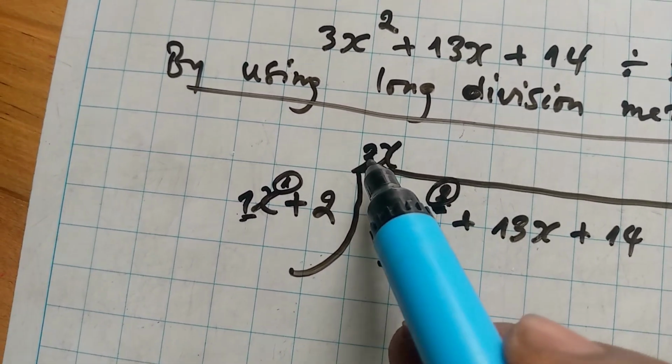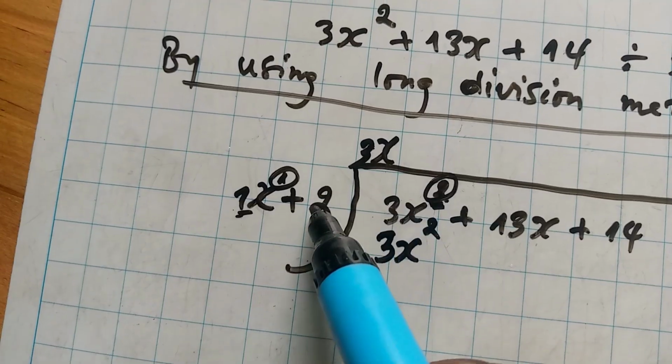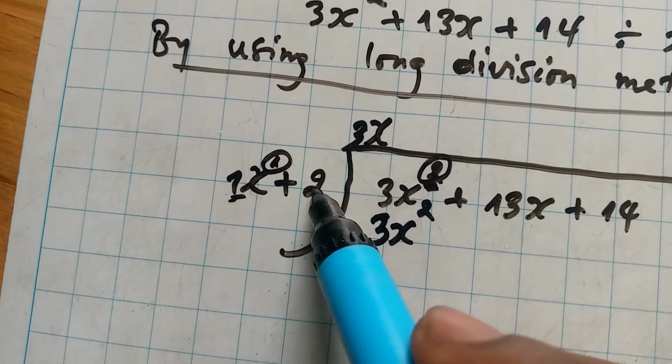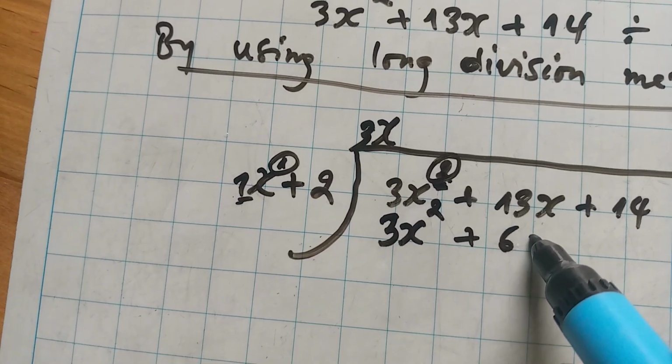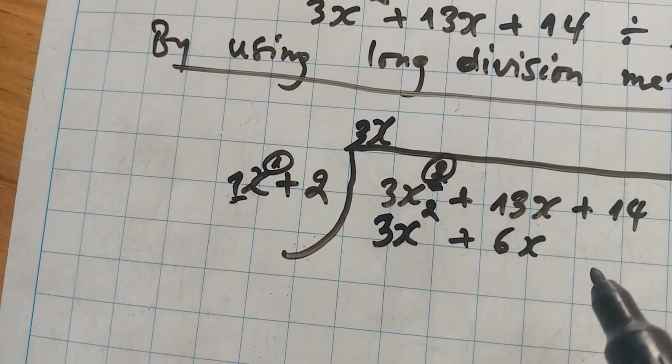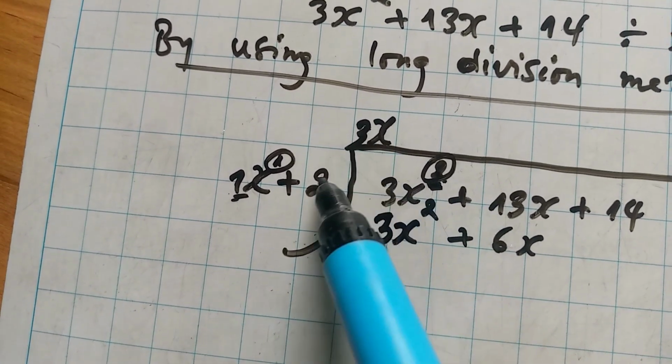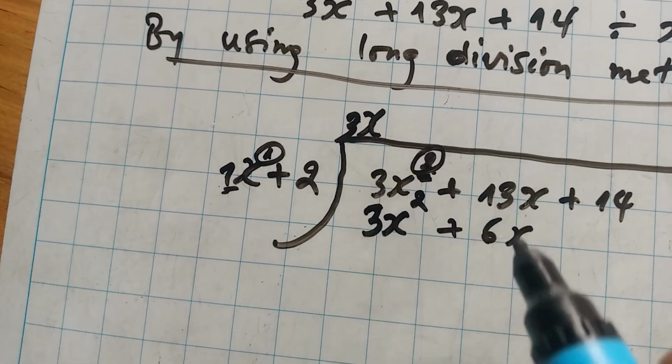Then this 3x is going to be multiplied by 2 to have plus 6x, right? 3 times 2 is 6, then x.